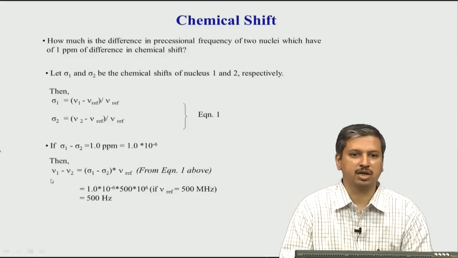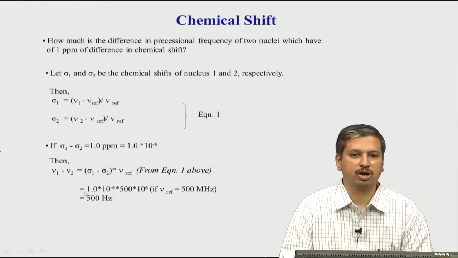Therefore, let us say we have a 2 ppm difference. If the difference is 2 ppm, then this will become 1000 hertz. So, you simply take the spectrometer frequency in megahertz, that is 500 or 600 megahertz, multiply by the difference in the ppm value, and that will give you the difference on the hertz scale.